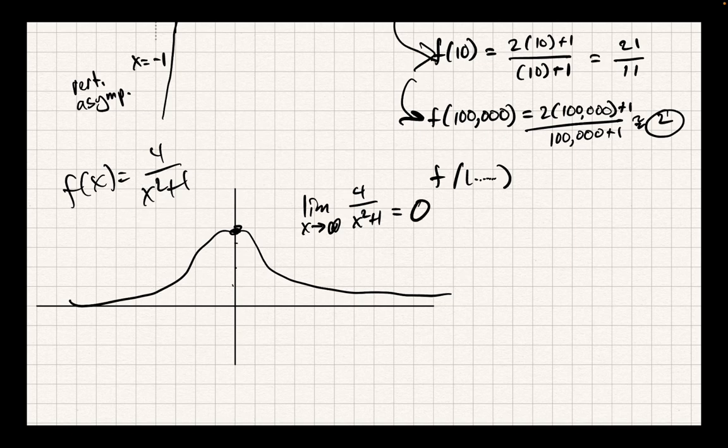Yeah. So what's our horizontal asymptote? What's the equation? y equals 0. That's our horizontal asymptote.